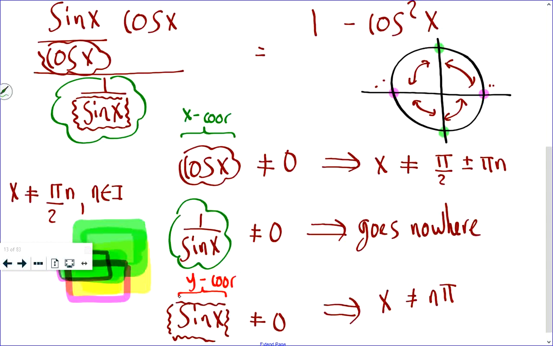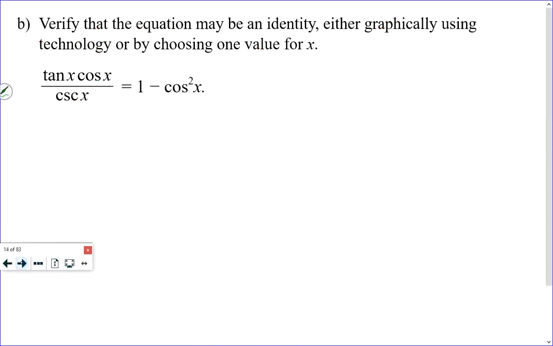Okay. Now we're going to prove this identity. And I would describe this as a very simple proof. The first thing that you want to understand is that everything we've learned to do with identities, we're going to continue to do. The idea of a proof, and we've seen a couple of them before, is that you deal with the left side and the right side, and you demonstrate that they are really the same, they just look different.